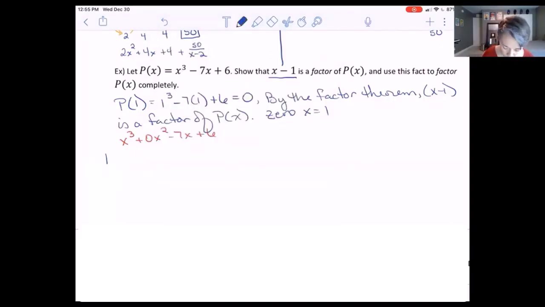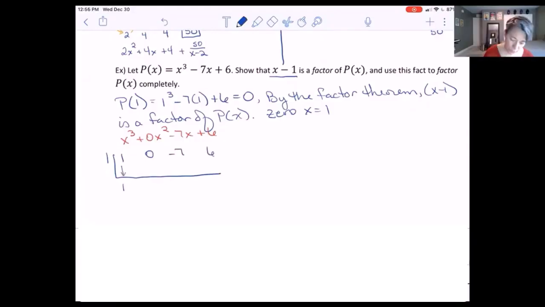And then we put in those coefficients: 1, 0, -7, and 6. So we bring down the first one, multiply, combine, multiply, combine, multiply, and combine. So we do have a remainder of 0.